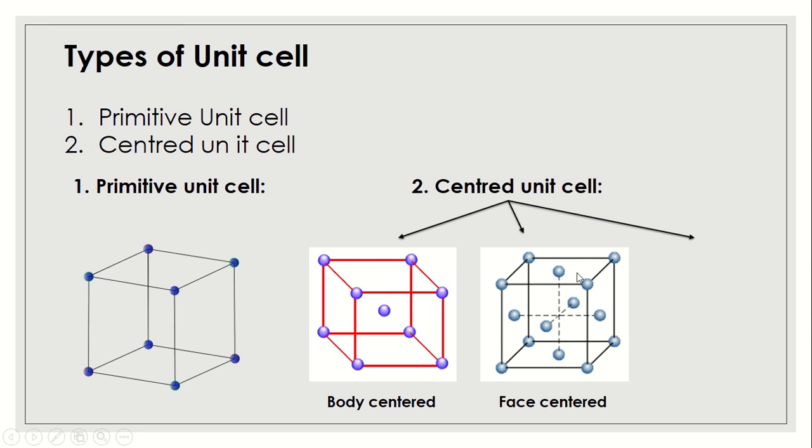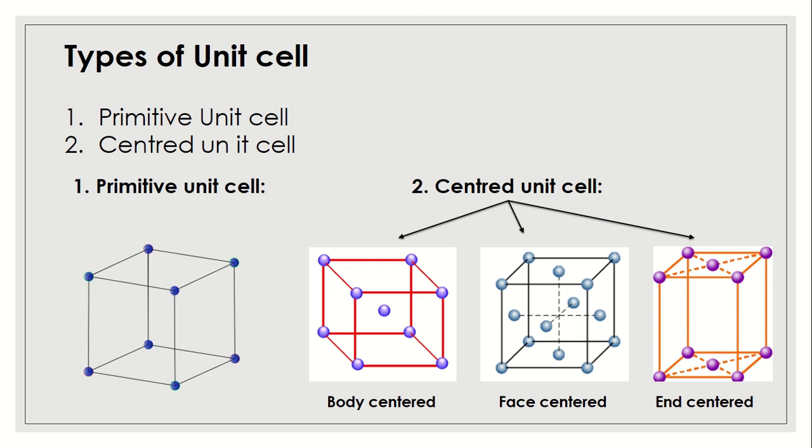You can see in the center of each face, there is one constituent particle. So in the face-centered unit cell, constituent particles are present not only at the corners but also at the center of each face of the unit cell, and it is denoted by the letter F.